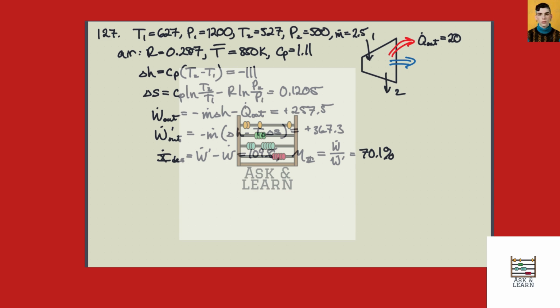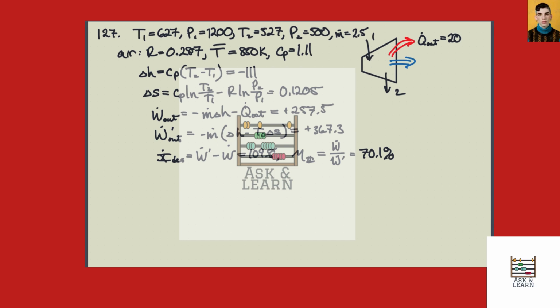And so then we wind up with this formula, again, for basically exergy conservation for the reversible case. And we wind up with 367.3 kilowatts, which is the amount of reversible work that we could get out.